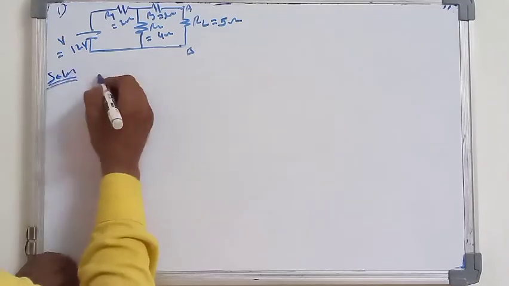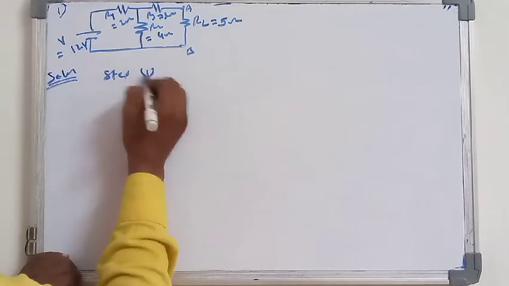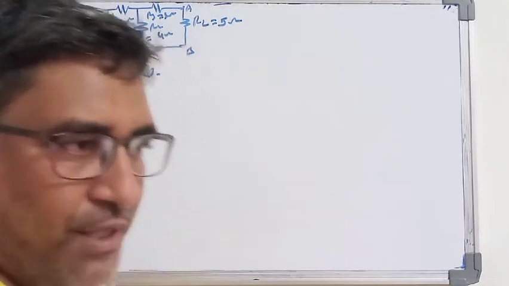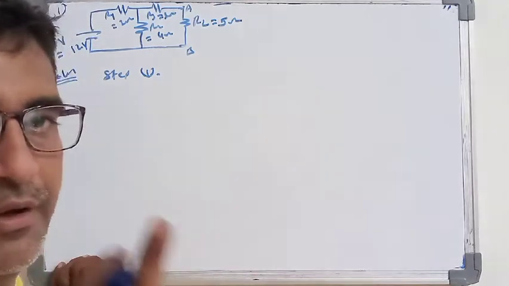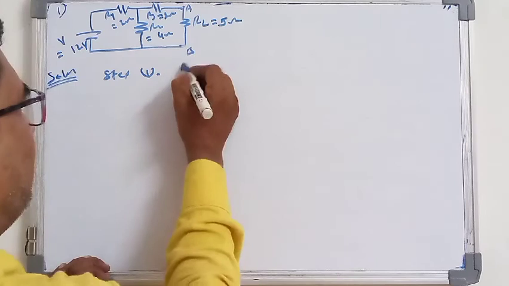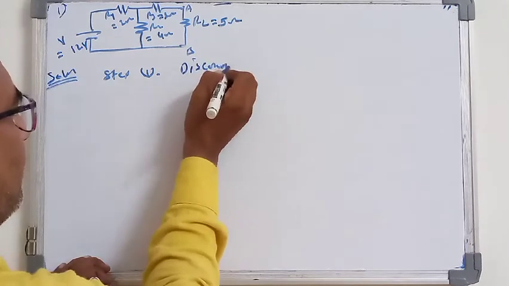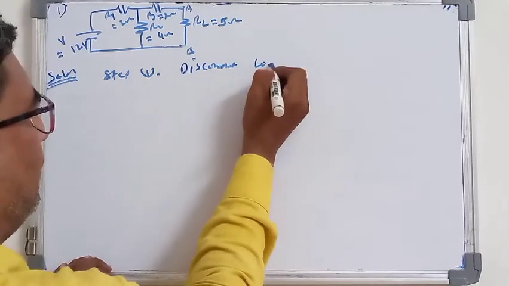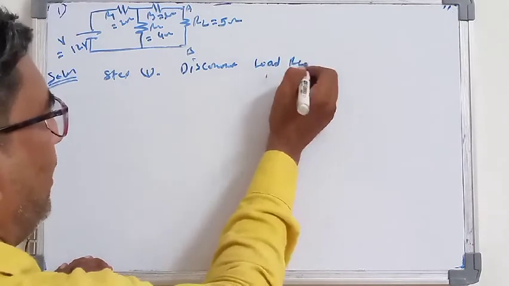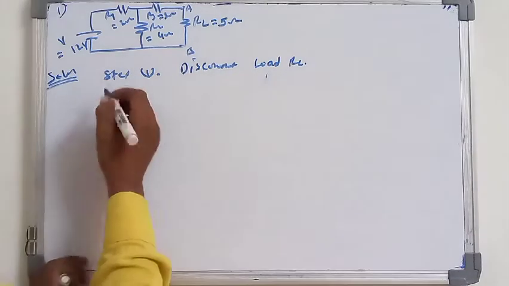Okay, so the solution, step number 1. What will be step number 1? Yes, it is the first step. Disconnect the load RL and redraw the circuit.